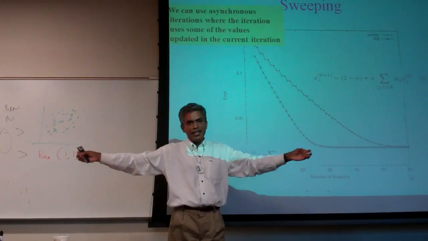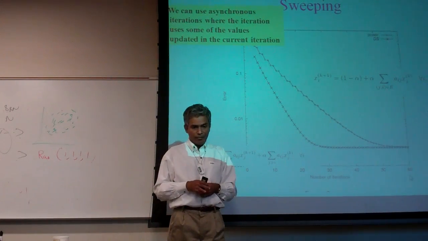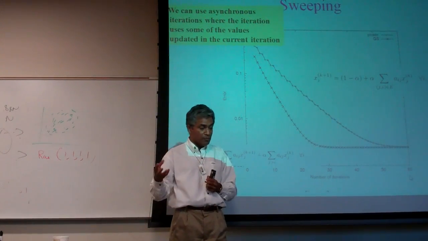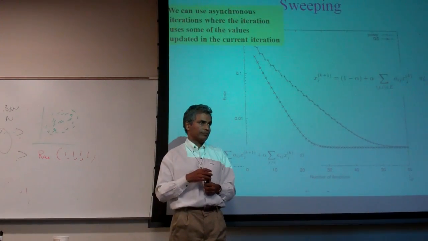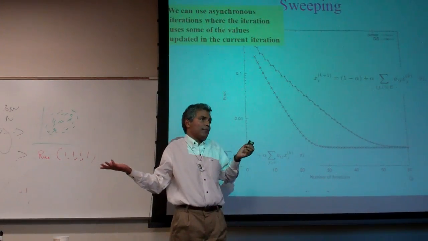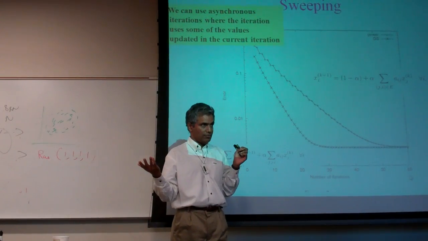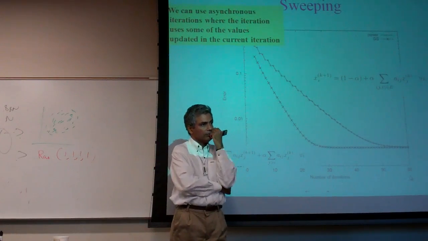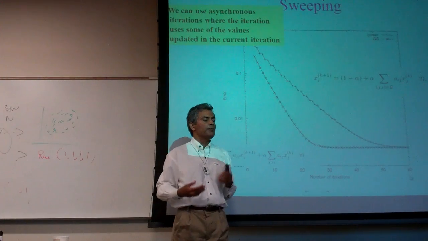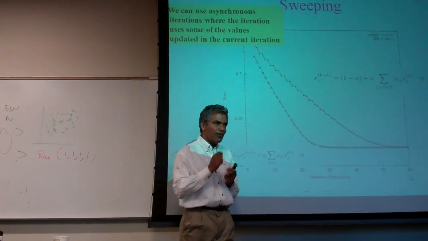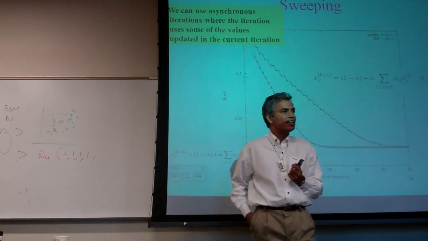In the beginning everybody's probability is 1 over n, so my heuristic for picking the node to update is to pick the node that's already important. In the beginning all of them are equal, so break ties randomly. Anybody can be picked in the first one. The moment one node has a slightly better rank than the others, then you start changing.